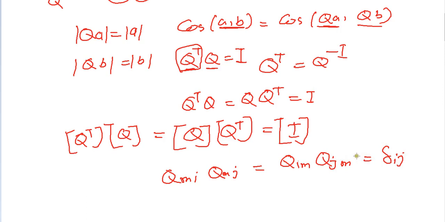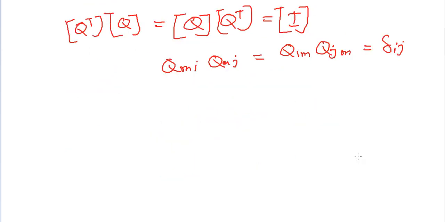There are a lot of examples in the book. I recommend you go through them and solve all of them. It's very easy. For example, say T is a matrix with rows minus 1, 0, 0; 0, 1, 0; and 0, 0, 1.